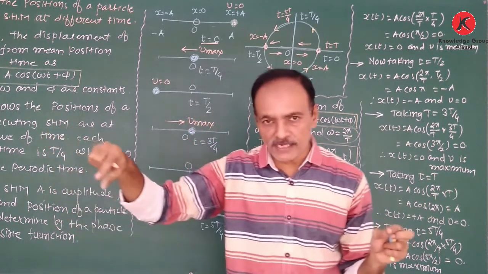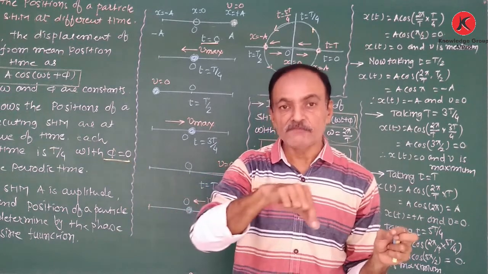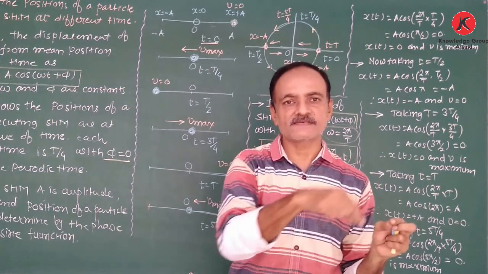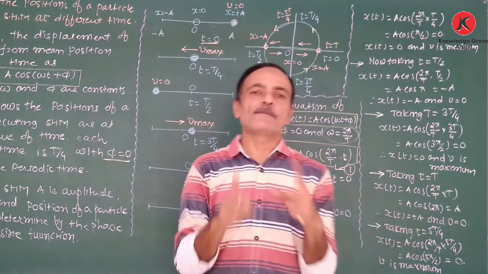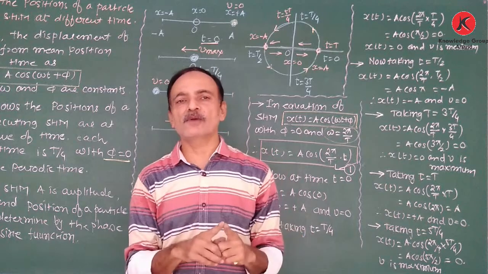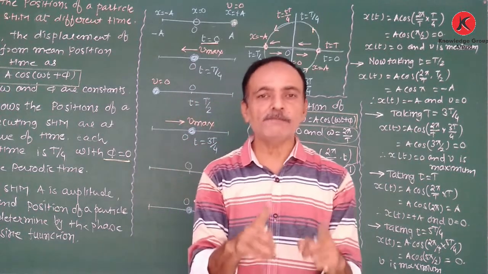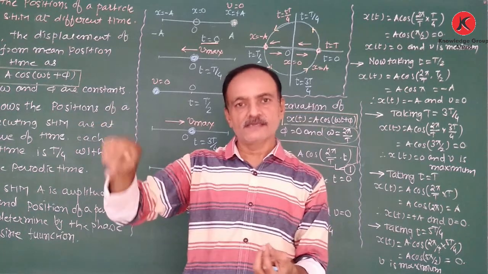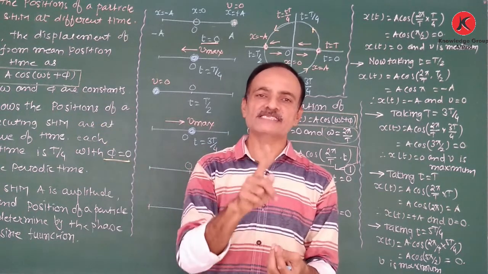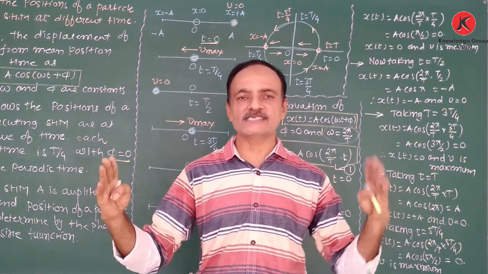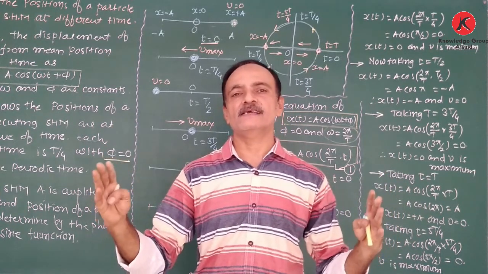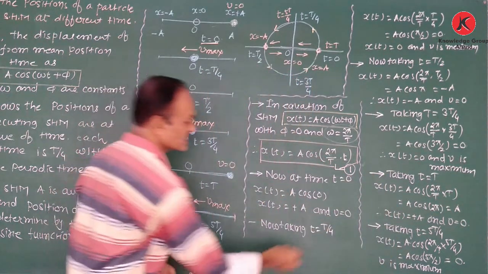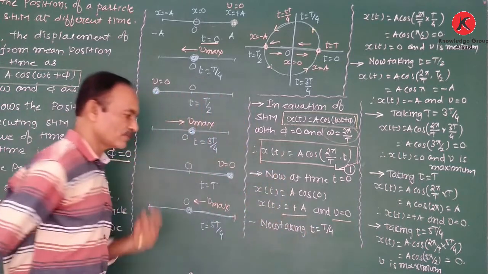And when the oscillator passes through the midpoint, at that time its velocity is maximum, because the force acting during simple harmonic motion is directly proportional to the displacement and directed towards the mean position. Therefore at the mean position velocity is maximum. At the extreme points x is equal to plus a and minus a, the velocity will be 0.